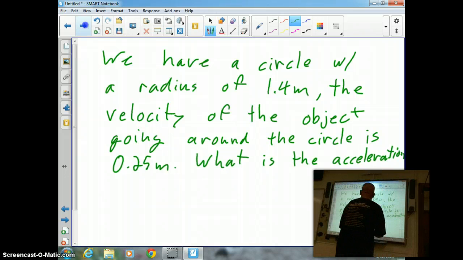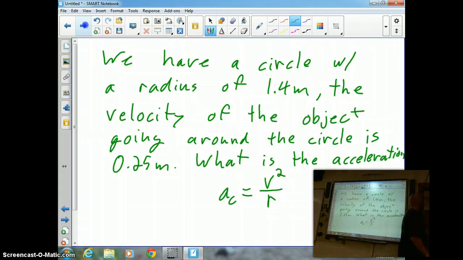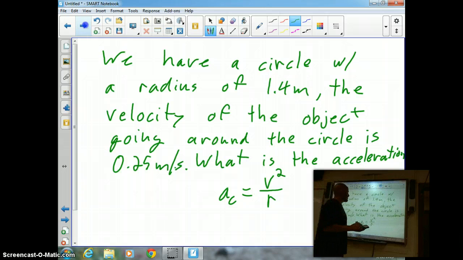So we go back and we know acceleration to the center of the circle equals velocity squared over radius. So what's my velocity? Velocity is 0.25 meters per second. There we go. As I said, it's been a rough day. So we have radius of 1.4, velocity 0.25, so 0.25 squared divided by 1.4.